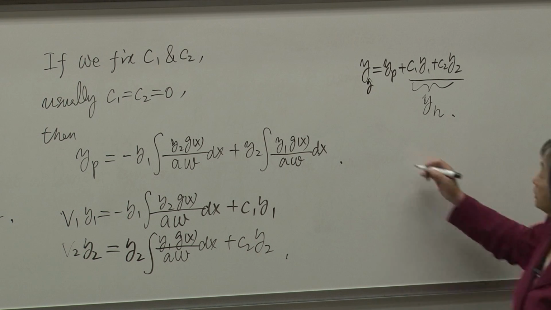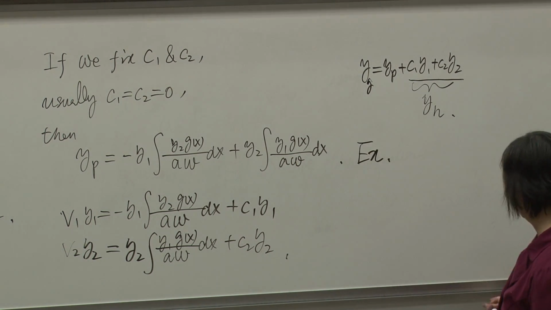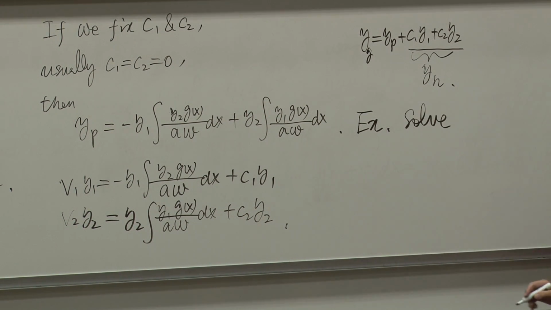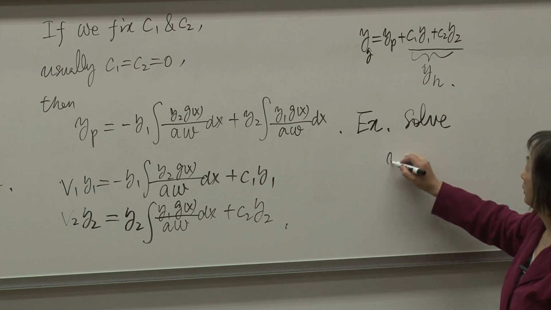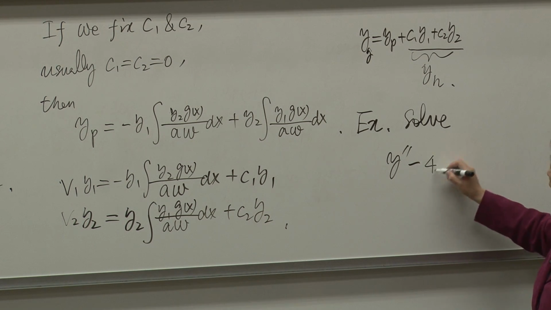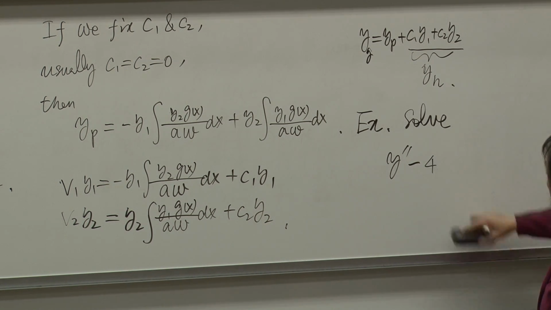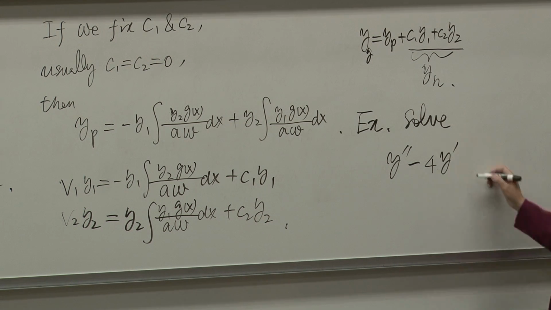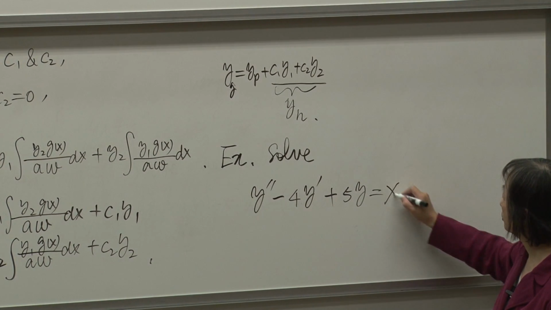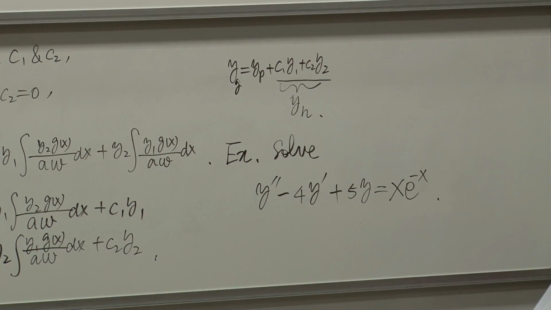Okay, now let's do some exercise. Let's solve the following non-homogeneous equation. We get y double prime minus 4y prime plus 5y equal to x times e to negative x.